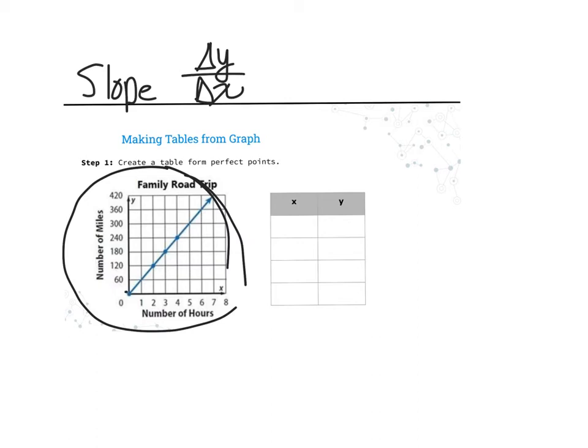A point like right there, and a point like right there. All these are perfect points. The first point I see is 0, 0. I see a 1 and a 60. 2 and 120. And then we could add any other points. Let's jump to 5: 5 and 300.